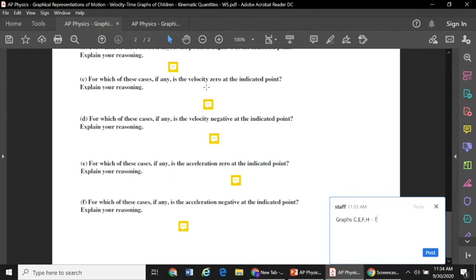And what we can say here is the slope of a position versus time graph represents velocity.